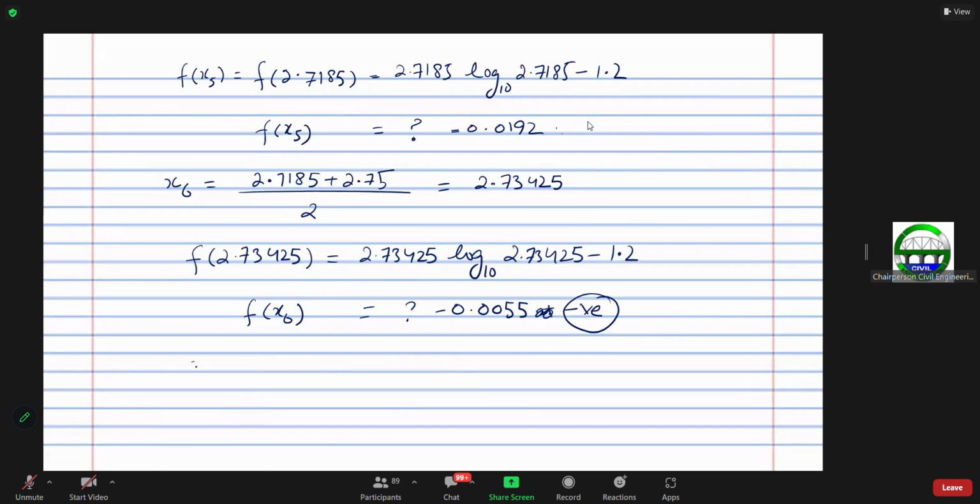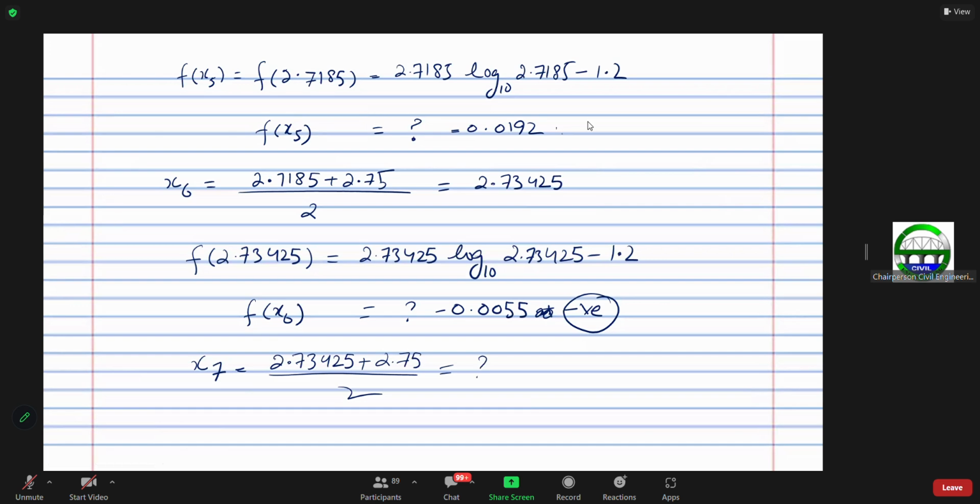Then x7 will be equal to 2.73425 plus 2.75 divided by 2, and then you will get another value.